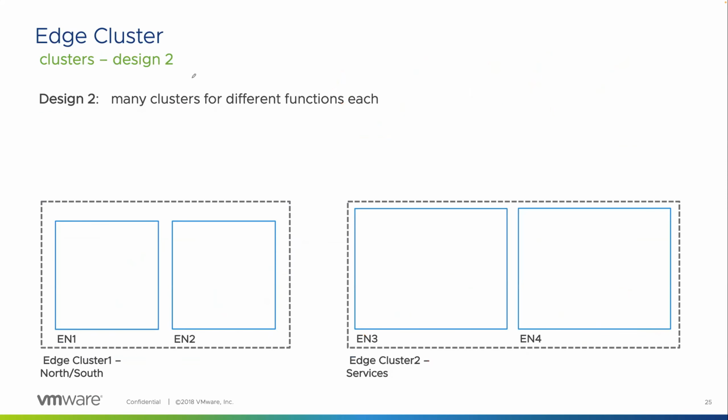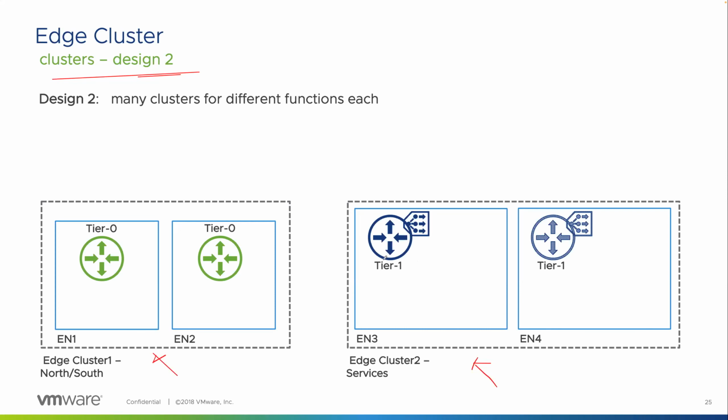We also have design two. So we create two clusters with two edge nodes each. For cluster one, we put tier 0 function in it.